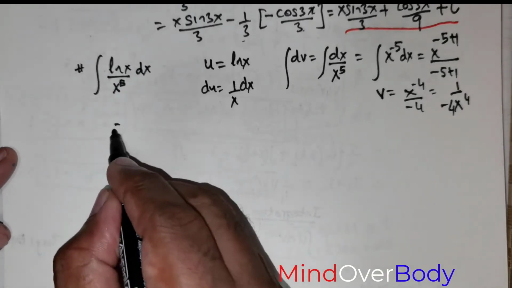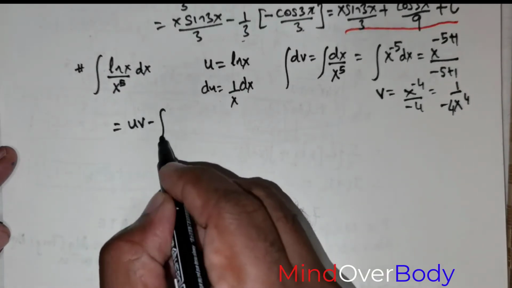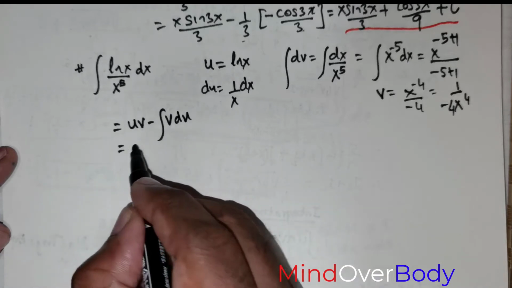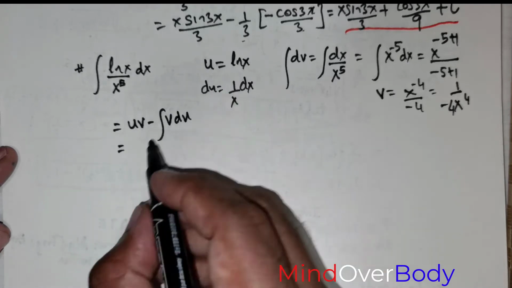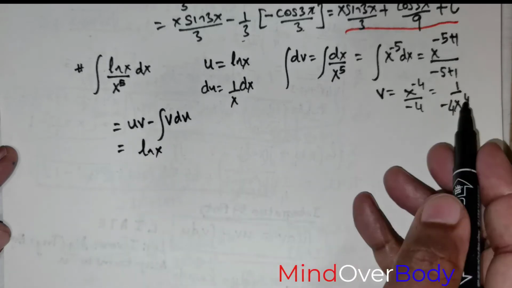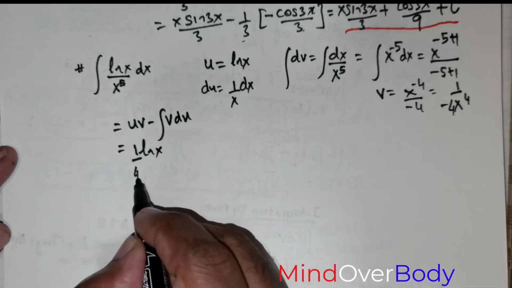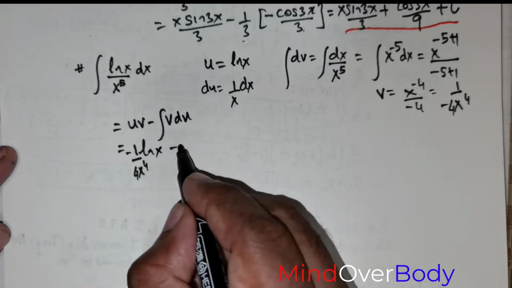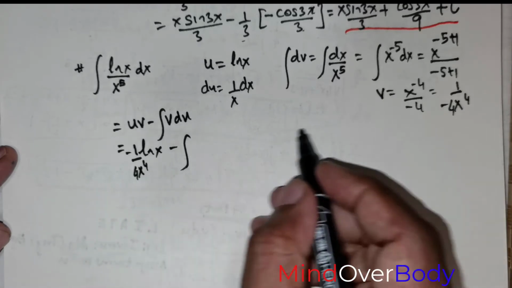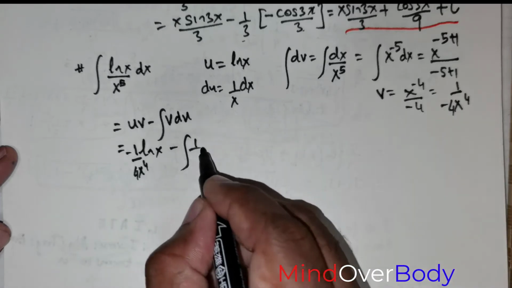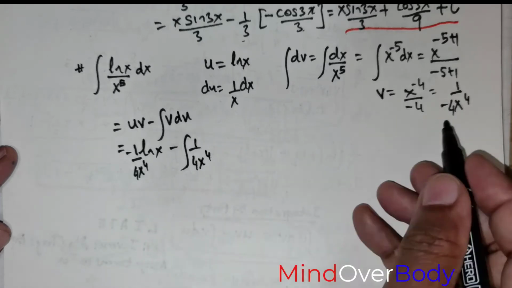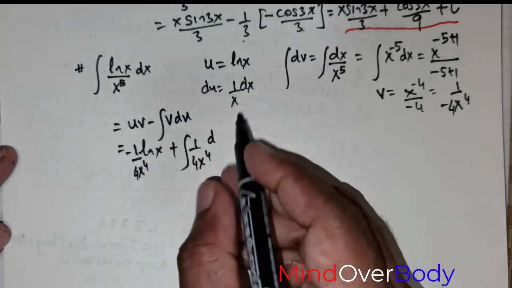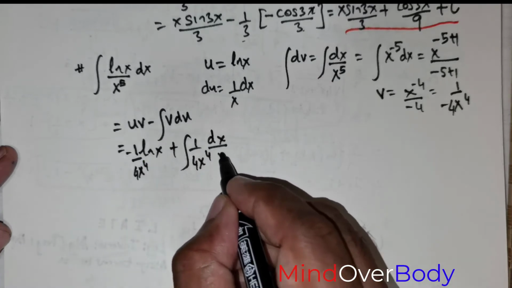When I substitute into the formula, uv minus the integral of v du, my u is ln x, my v is negative 1 over 4 times x raised to the power of 4, and my du is dx over x.